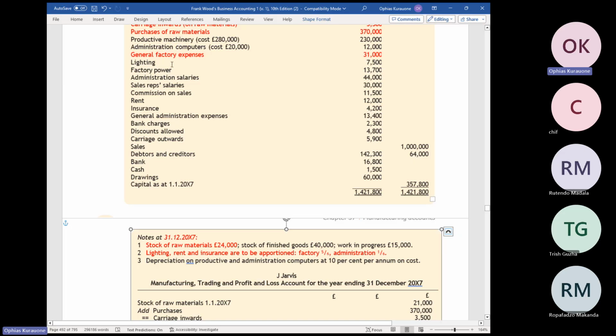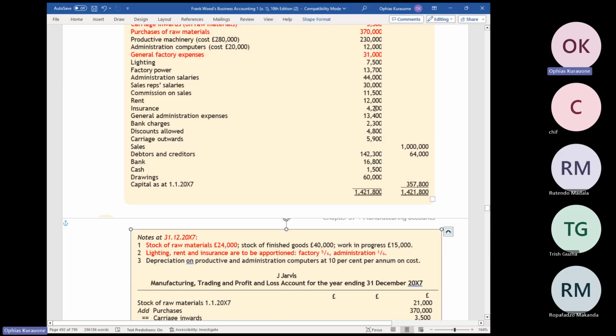For lighting, the factory is going to have 5/6 of 7,500. For rent, the same thing, 5/6 of 12,000. Then for insurance, 5/6 of 4,200. That is what we are supposed to do.